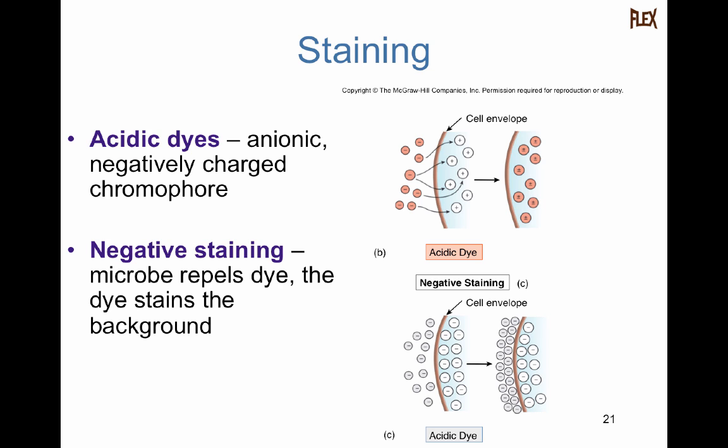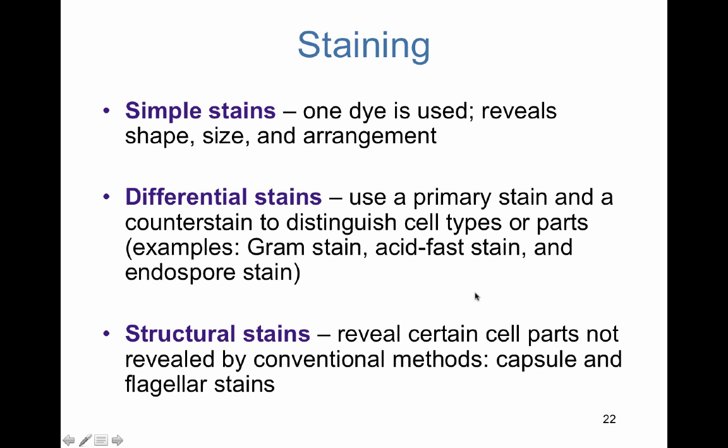This is different from a positive stain, because with a negative stain you're staining the background. So if you're looking at a specimen using a bright field microscope with a pink stain, the background of the image is pink and the cells remain unstained. I'm going to show you examples of this in a minute.